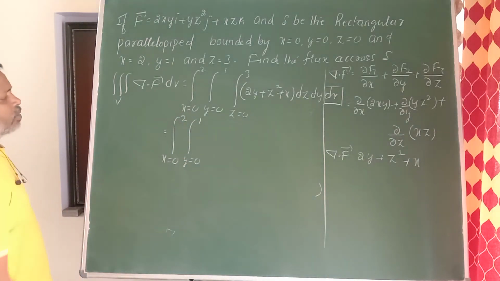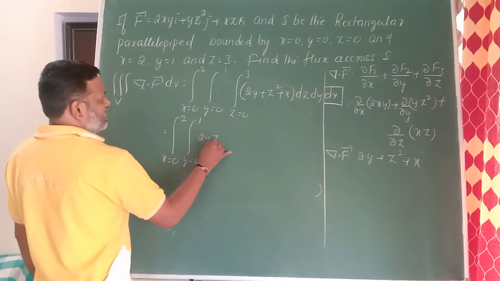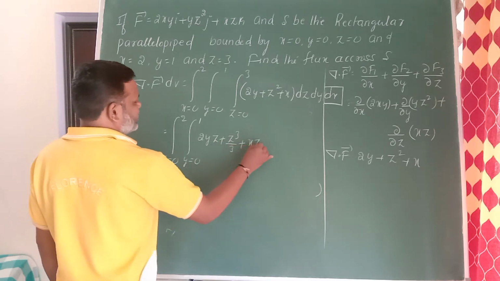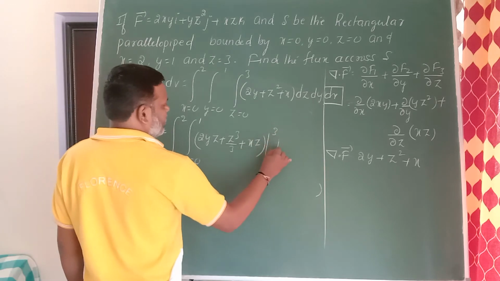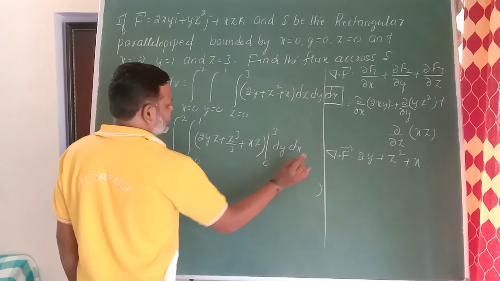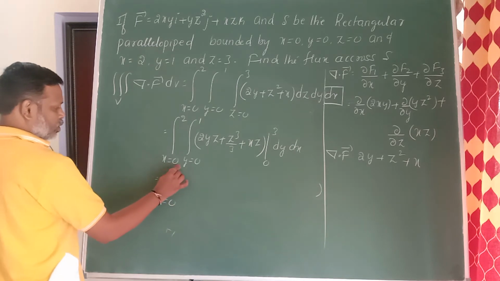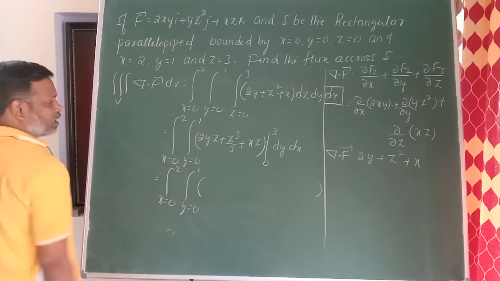Integral of 2y is 2yz, plus z square gives z cube by 3, plus x gives xz, from 0 to 3, remaining dy dx. Now apply the upper limit and lower limit.